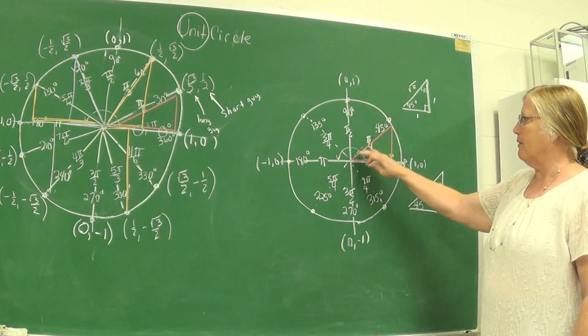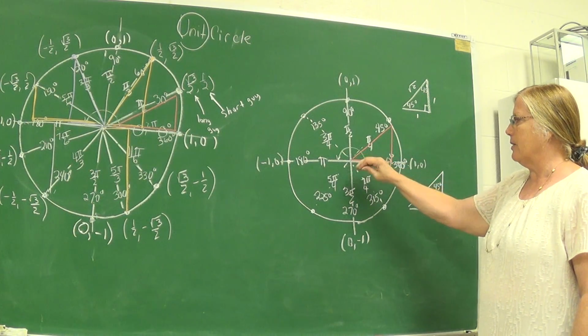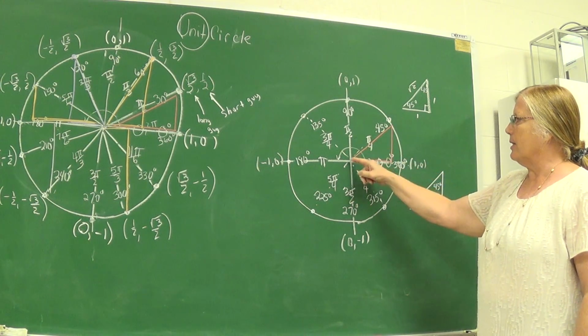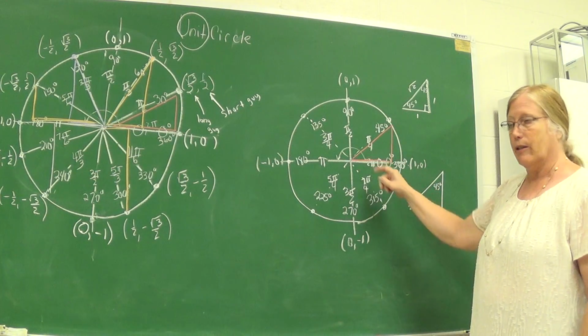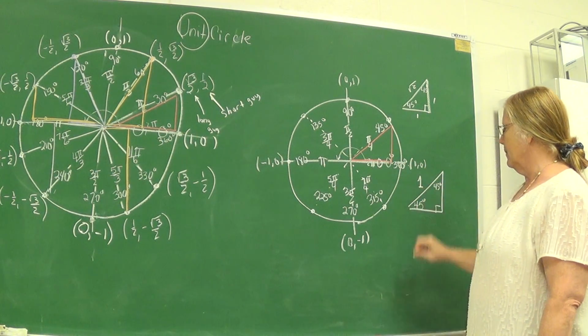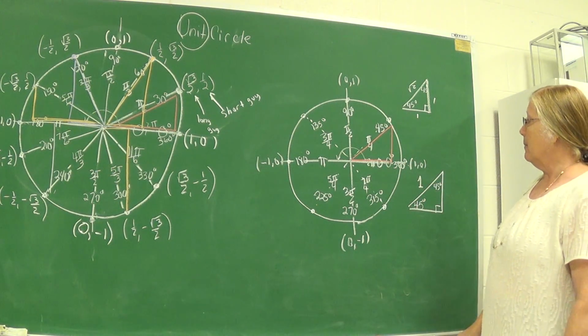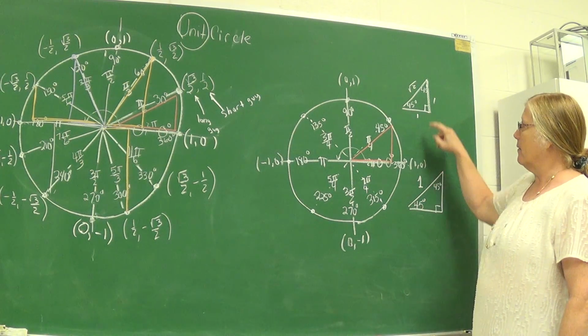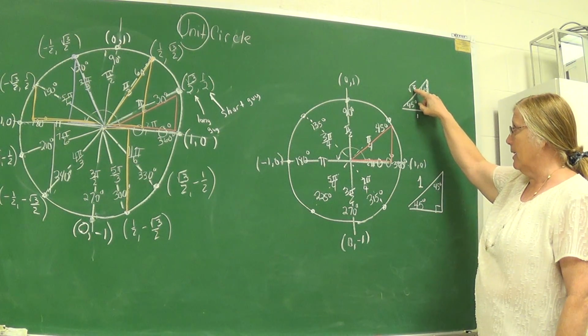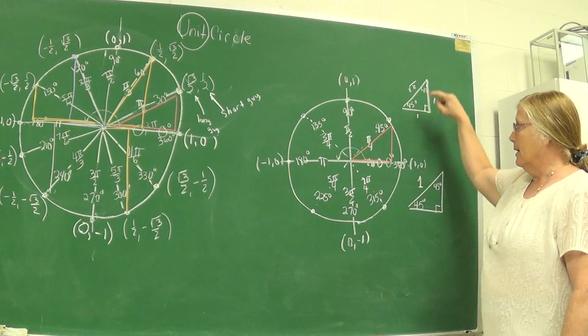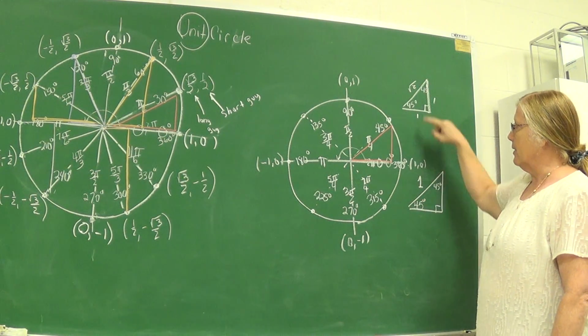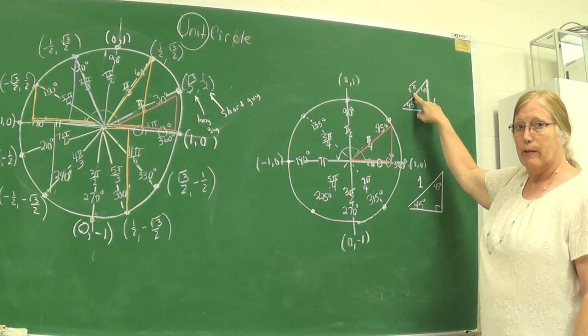But I already have some spots that are set in stone. This hypotenuse is a radius of this unit circle, so this is a 1. So how am I going to get from this to 1? The way I could get from here to here is to divide this by the square root of 2.